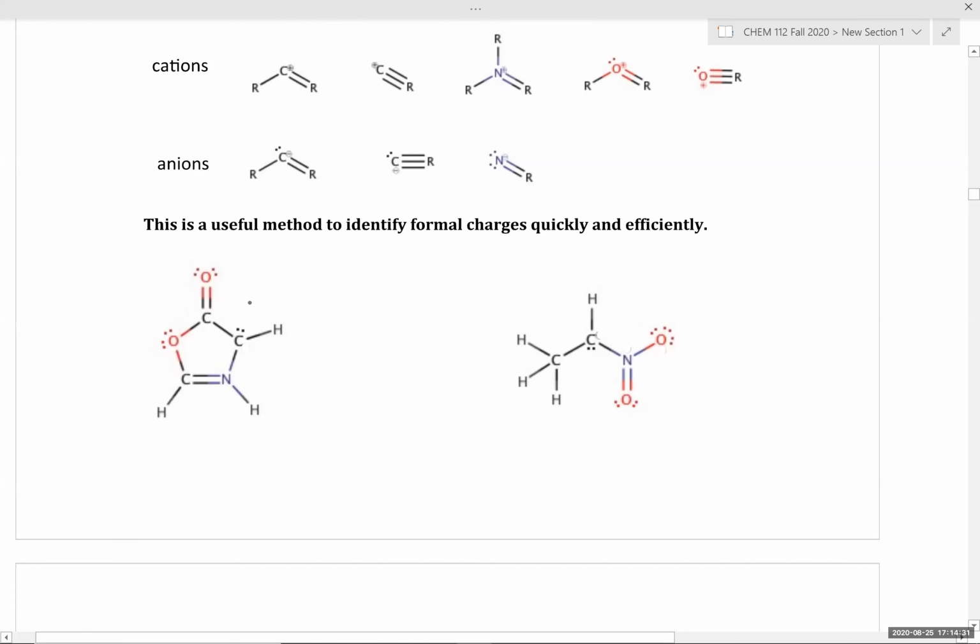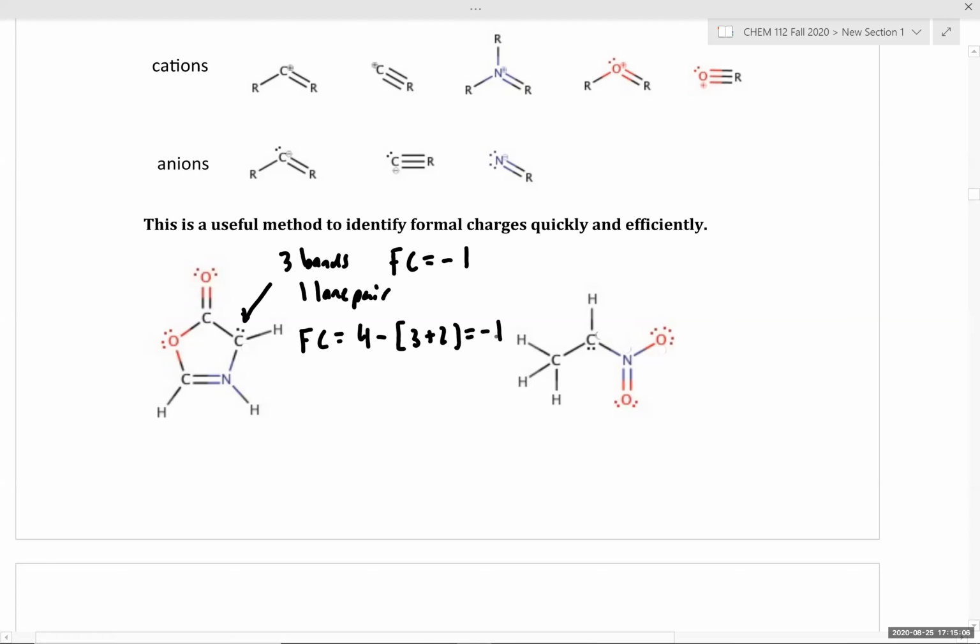For example, in the structure on the left, we have a carbon that contains 3 bonds and 1 lone pair. That bonding motif matches a carbon with a formal charge of -1. We can also justify this by manually calculating the formal charge and seeing that it is in fact -1.